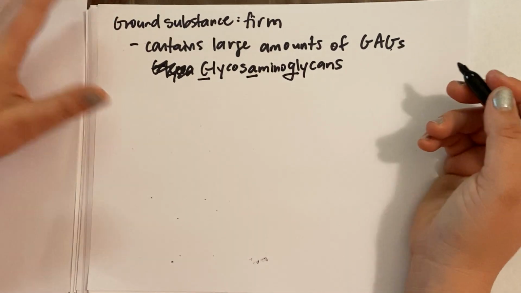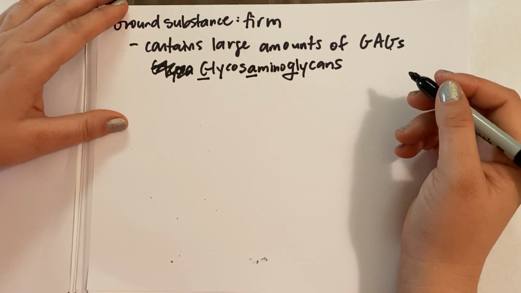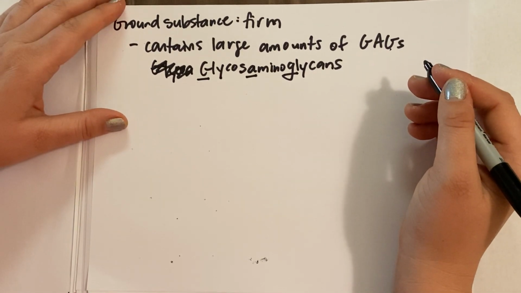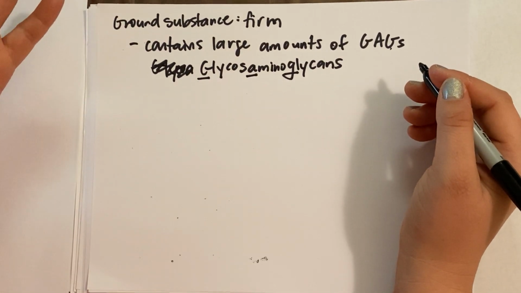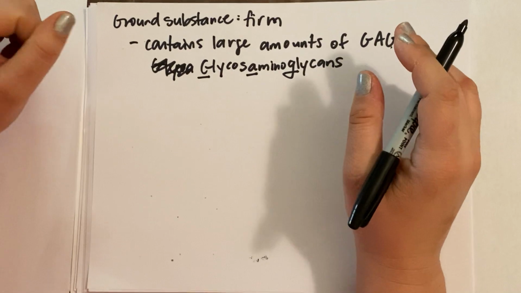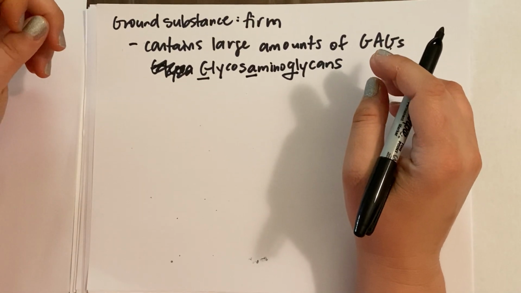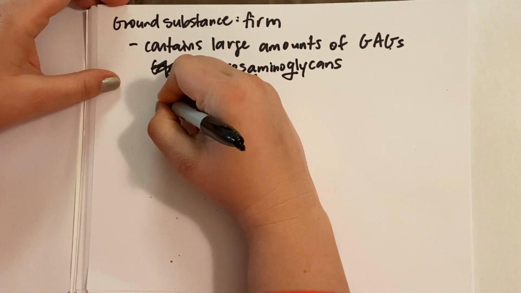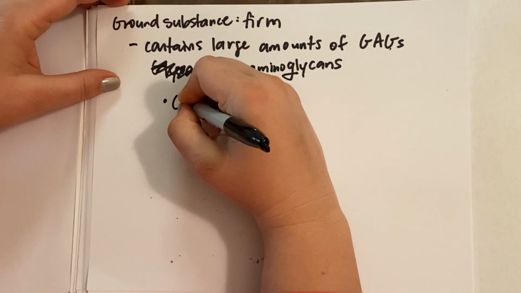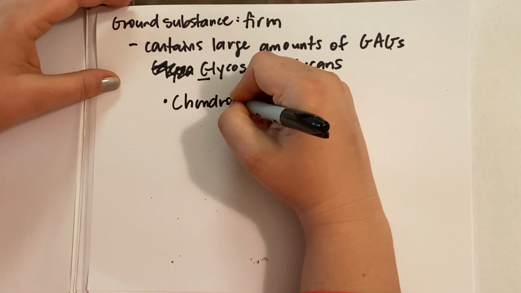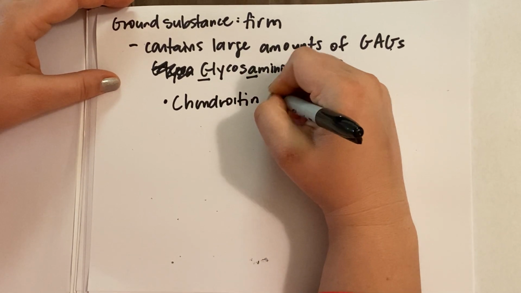We've talked about these previously when talking about connective tissues in general. These are protein cores that have carbohydrates sticking out around them. One of the major groups found in cartilage is chondroitin sulfate.